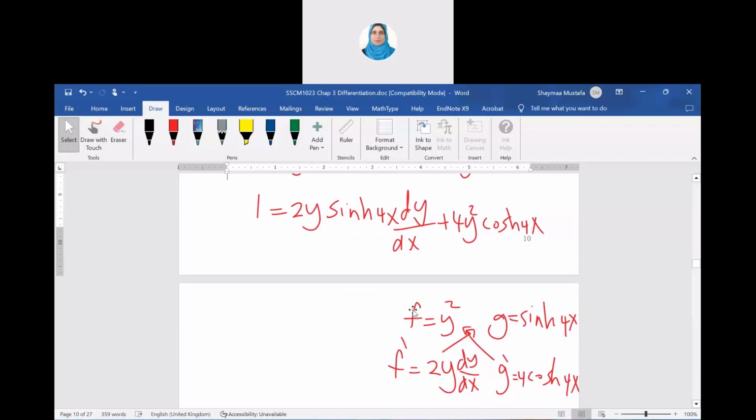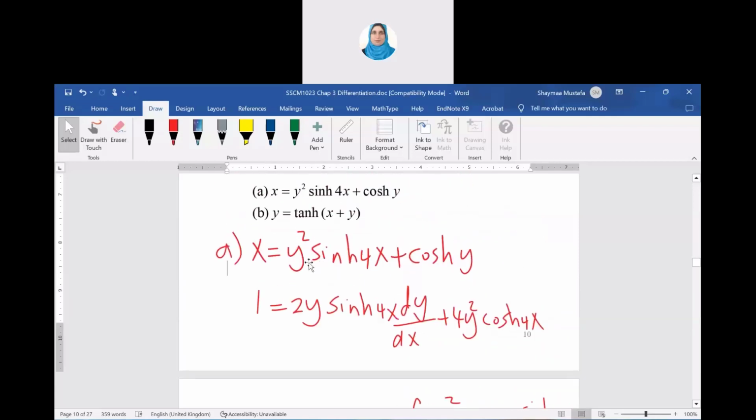The derivative for f times g plus the derivative for g times f. This is the derivative for the second term.